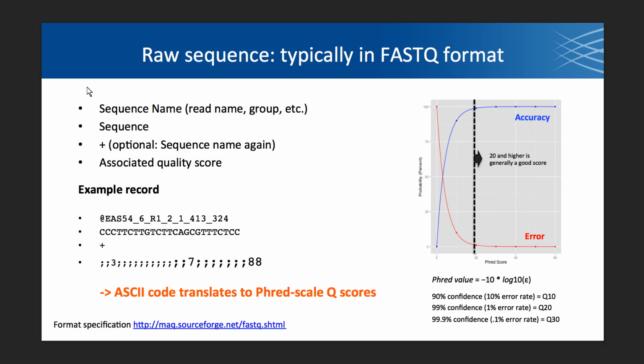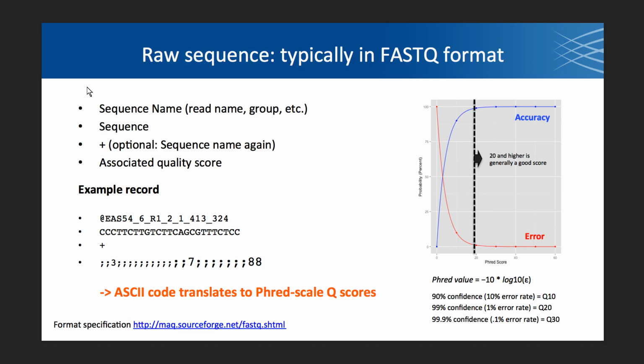So every base has a quality score that says how accurate, how confident the machine is in the value of that base. Right? So if it says it's an A, well, how sure is it that it's an A? Is it like 50-50, or is it more than that, right?